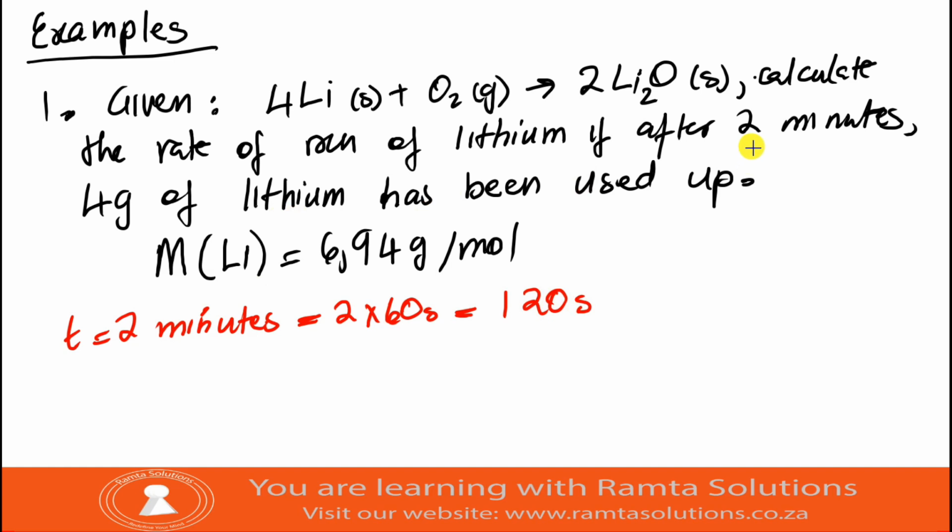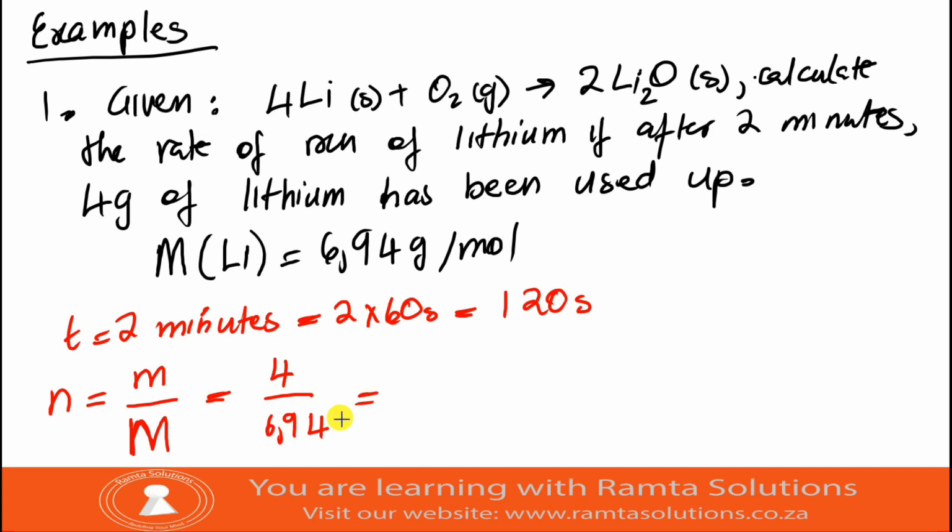Now, we are given the grams that have been used up. We are not really given the number of moles. Remember, we use the number of moles. So we will say number of moles, as we know from stoichiometry, is mass over molar mass. What is our mass? Our mass is 4 grams. What is our molar mass? It is 6.94.